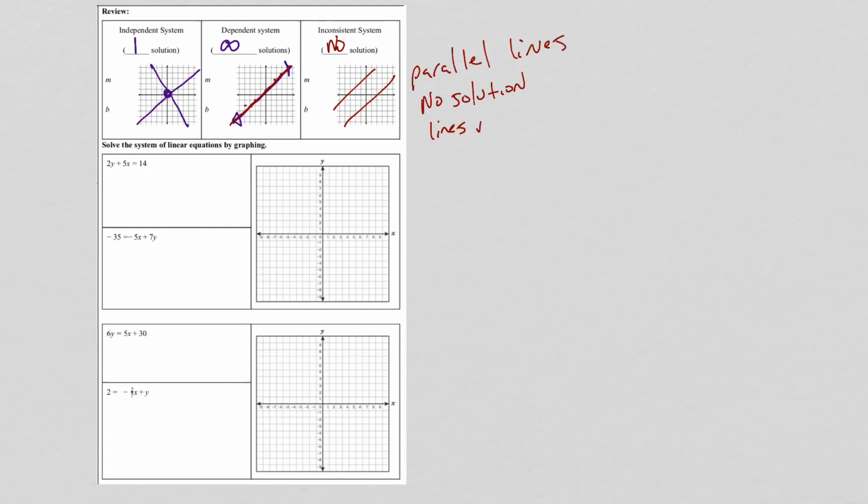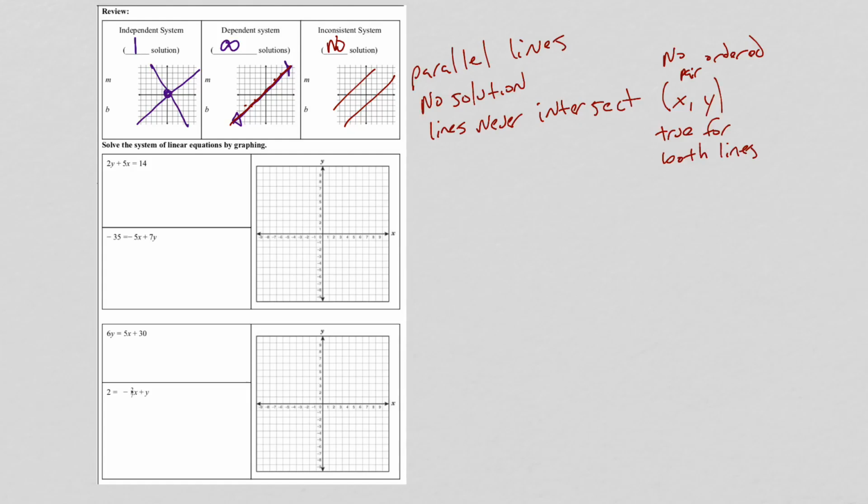The lines never intersect. So that's why there's no possible value that will be true for both lines. No ordered pair true for both lines.